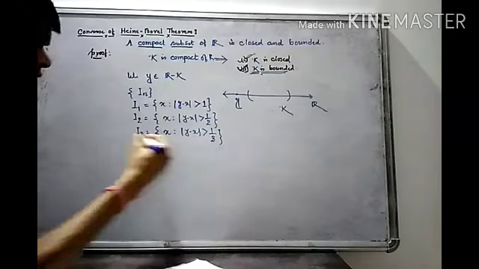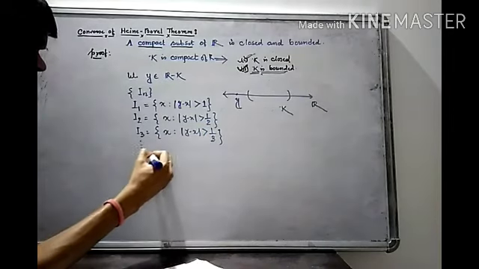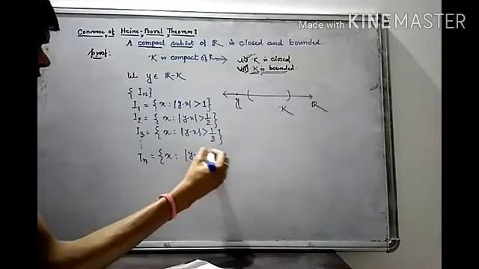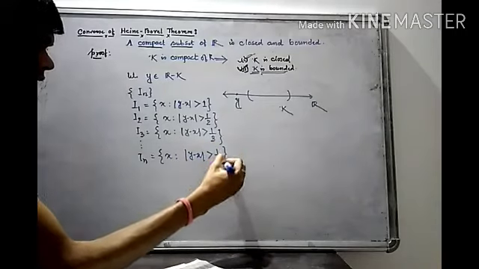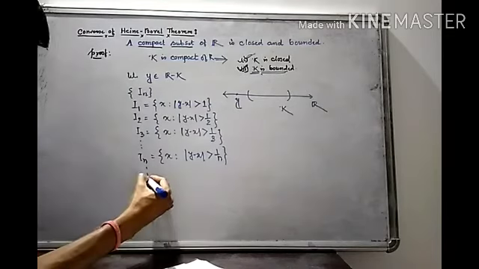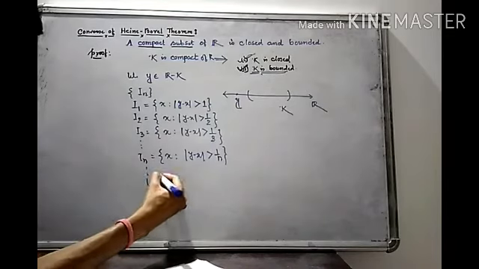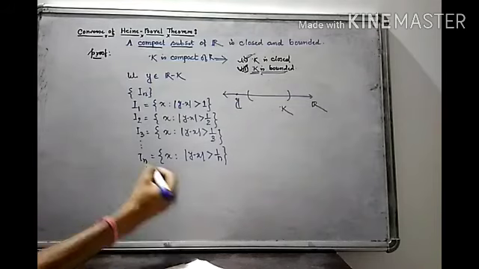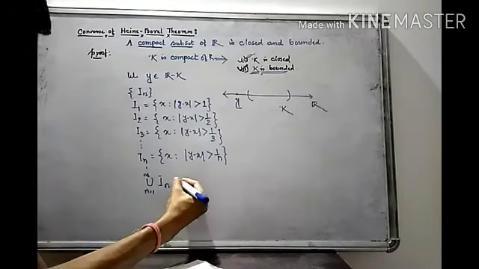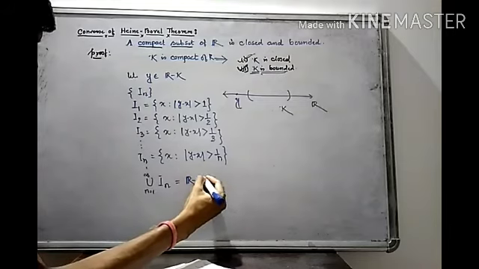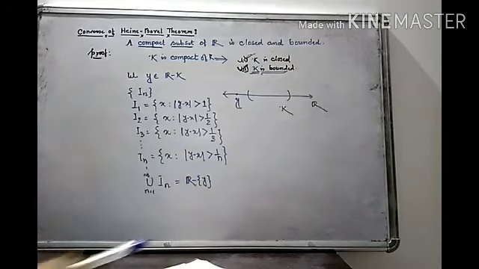In the same way, what is the definition of In? This is the set of all x such that mod of y minus x is strictly greater than 1 by n. Okay. Now, if we take their union, that is union of In, n equal to 1 to infinity, then is it equal to R minus the singleton set y?